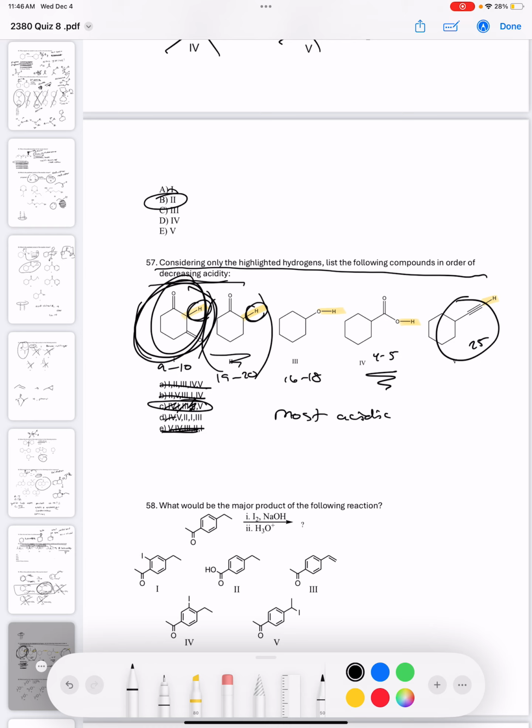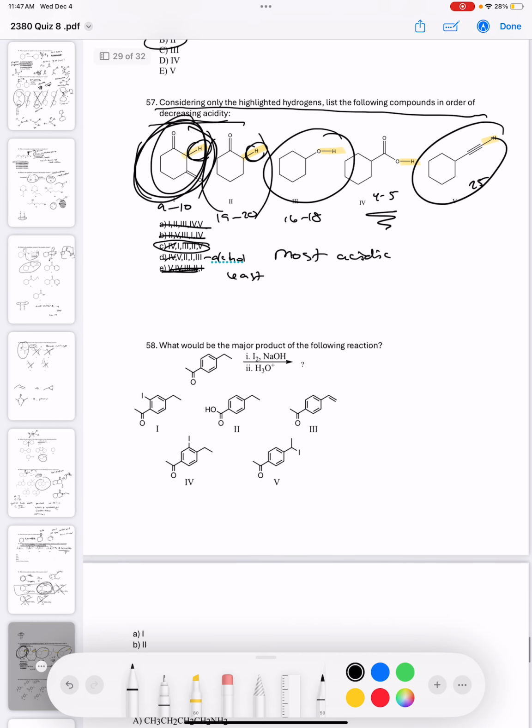And if you don't 100% know that, even if you don't remember what the pKa of that one is, for example, this has 3, the alcohol being the least acidic. So if you just check your pKa table and know this and this, that alcohols are more acidic than alkynes, then you could still get to the right answer. So that's how I would encourage you to think about that.